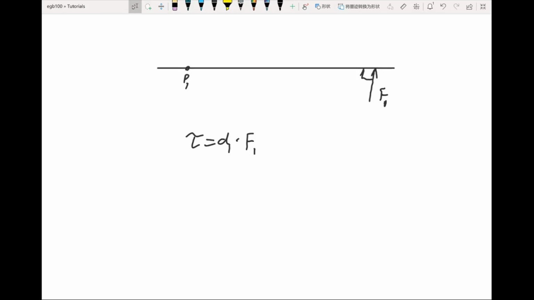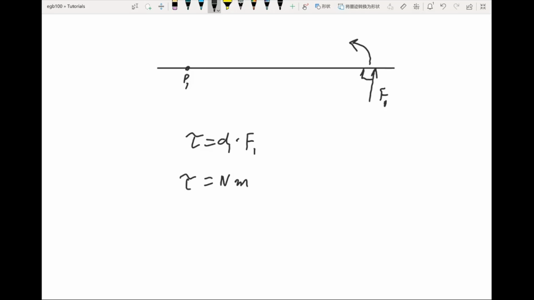And if we know this is rotating, we can plug the numbers in and we'll get distance times force, which is newton meters. And that will be our torque.